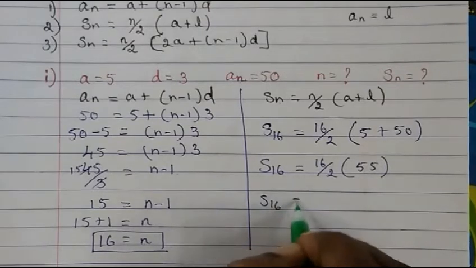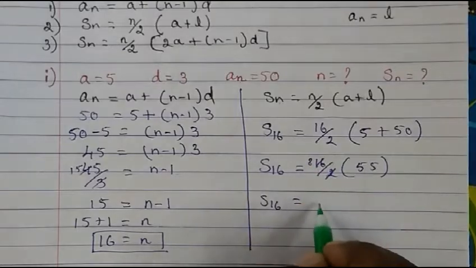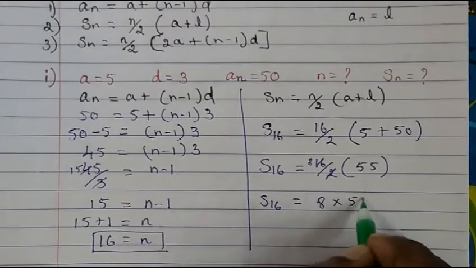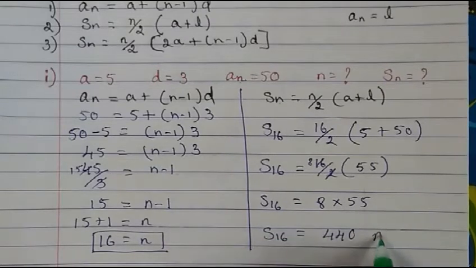Cancelling 16 by 2, you get 8, so 8 into 55, and when you multiply you will get 440.